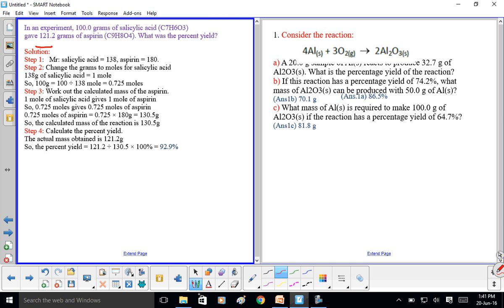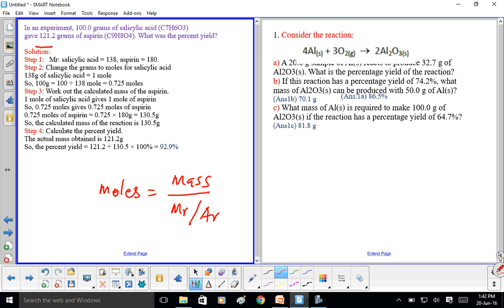First, the MR of salicylic acid is 138 and aspirin is 180. So I want to convert them into moles. The formula for the number of moles is equal to given mass by MR or AR.